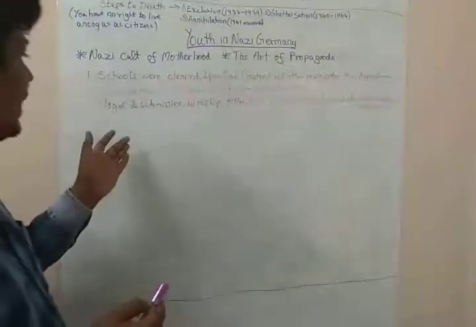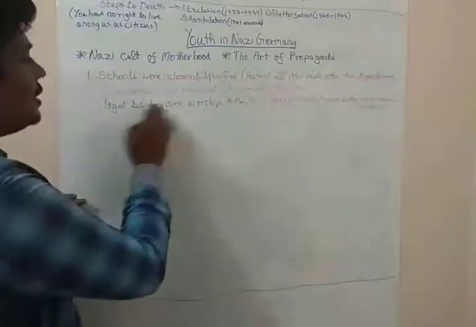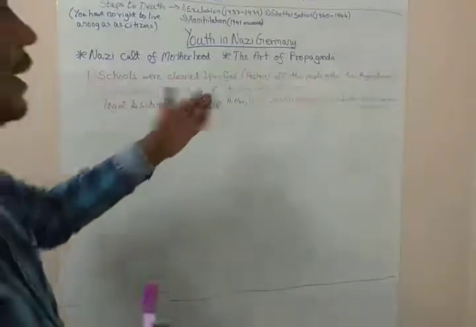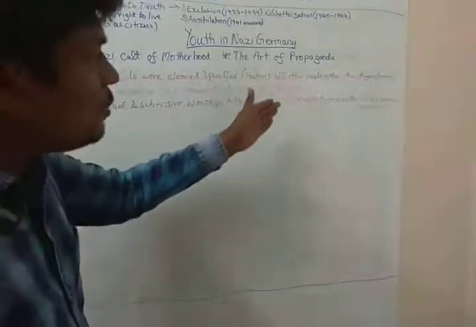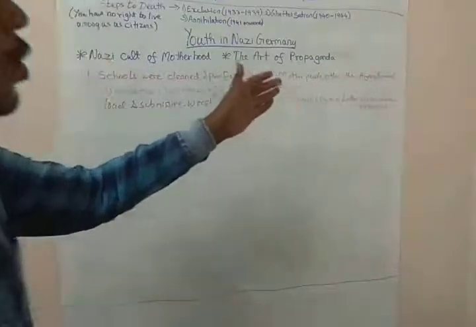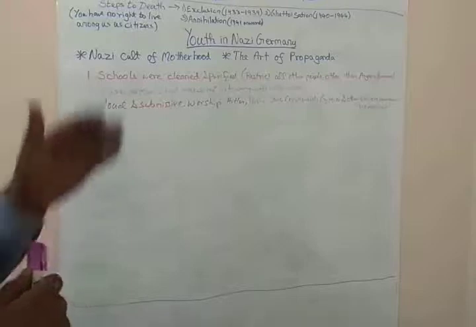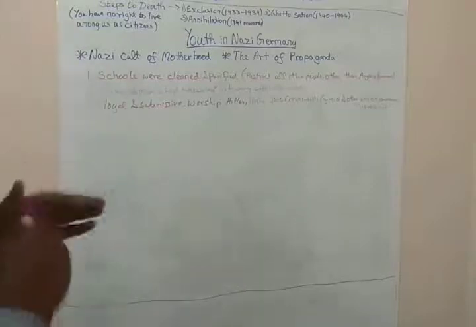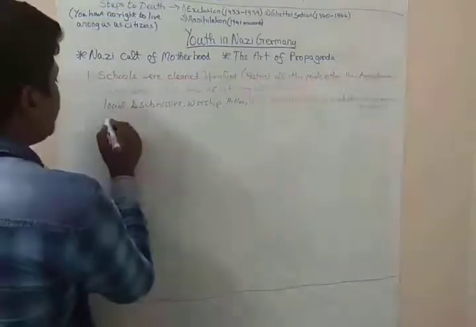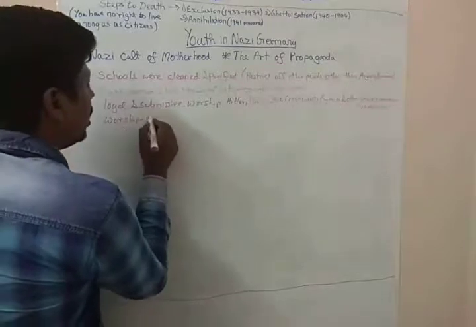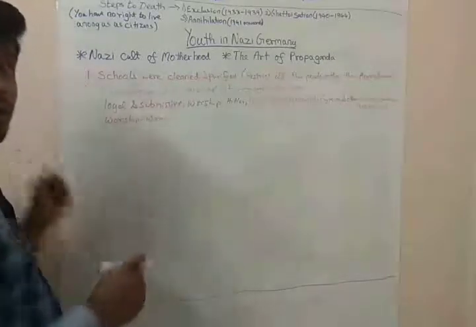So at first he wanted the children to be loyal and submissive. They should worship Hitler and hate Jews, communists, gypsies, and the people considered undesirable.